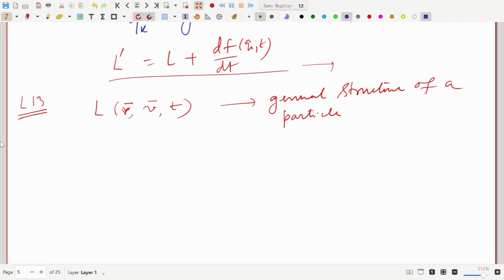Now for a free particle, we know that if it is moving, then it will continue moving in a straight line forever, right? For such motion we can find that space is homogeneous.